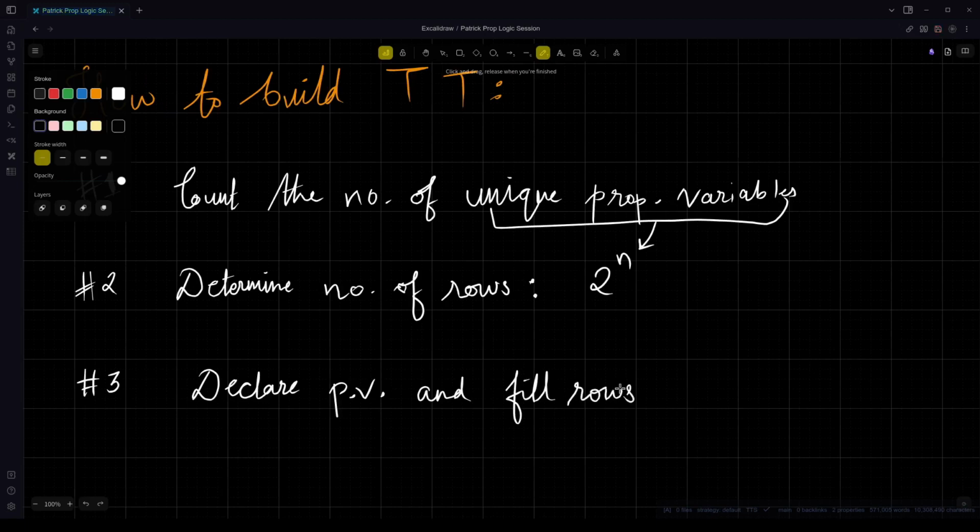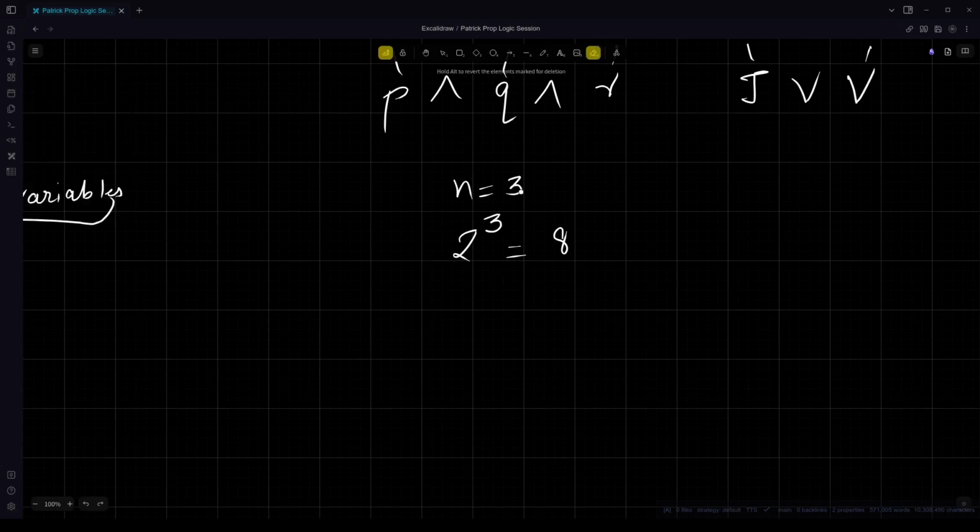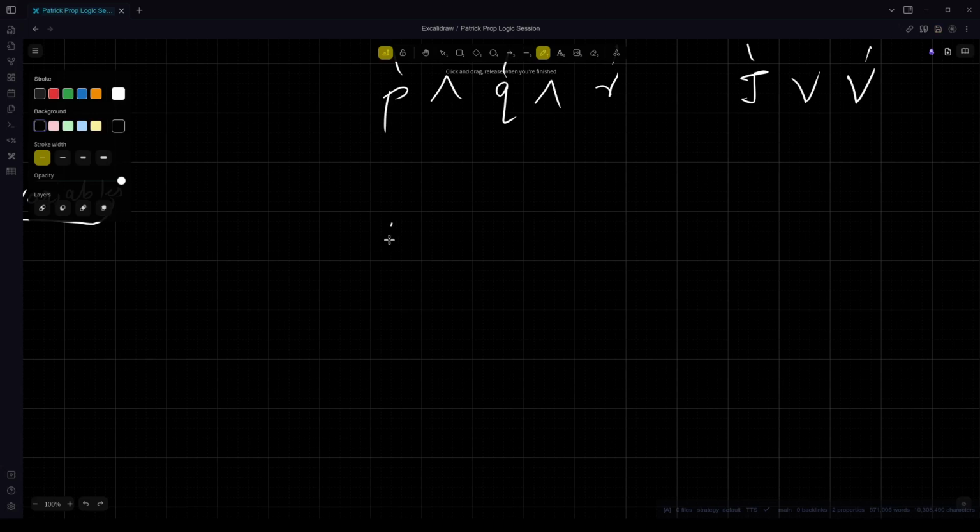We know there are going to be 8 rows for this particular proposition. So first we'll declare P. This is the first column P, this is the second column Q, this is the third column R.